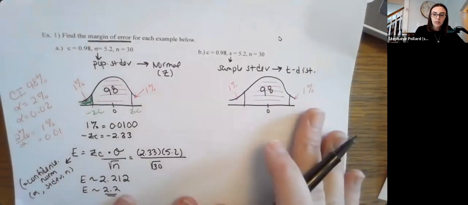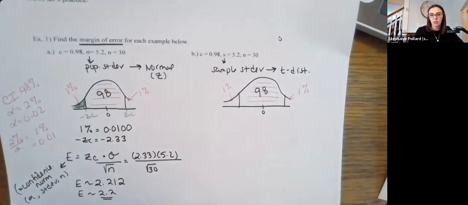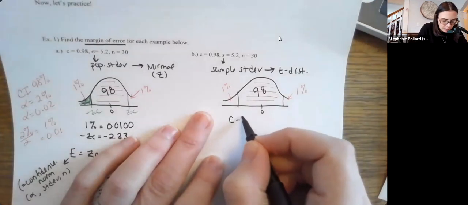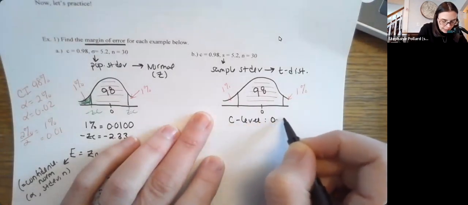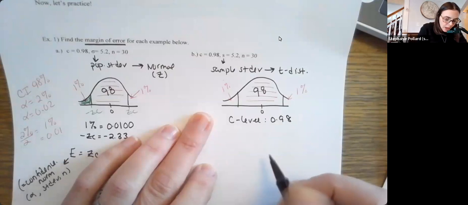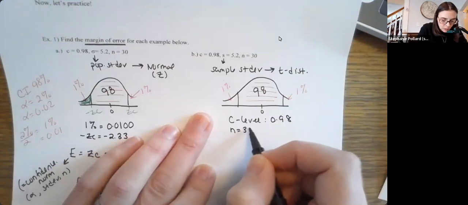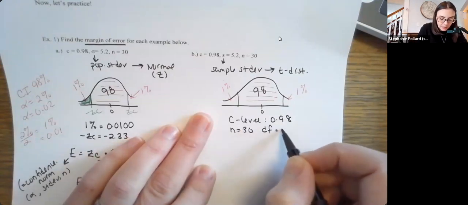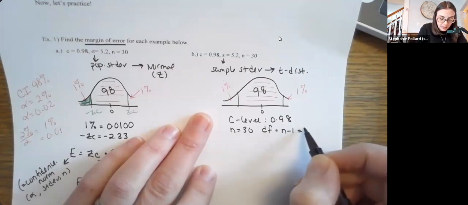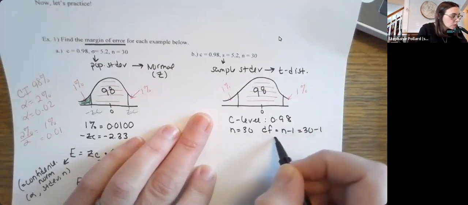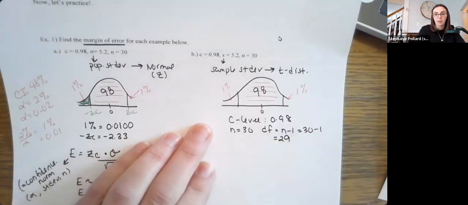For the t-distribution, this table is actually very easy to use. What's happening here is, again, your confidence level is 0.98. Our n is 30. So what we need here instead is the degrees of freedom. For these calculations, it's going to be n minus 1, so we're going to use 29 in our table.